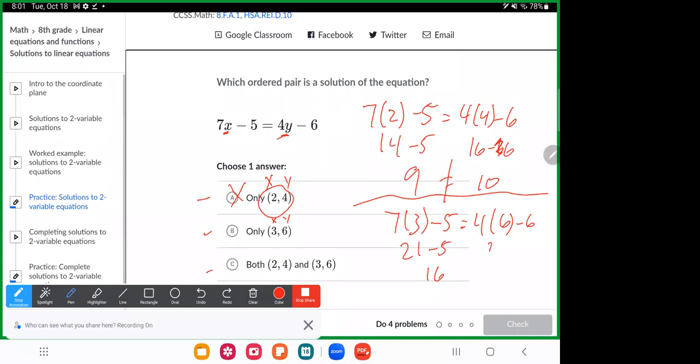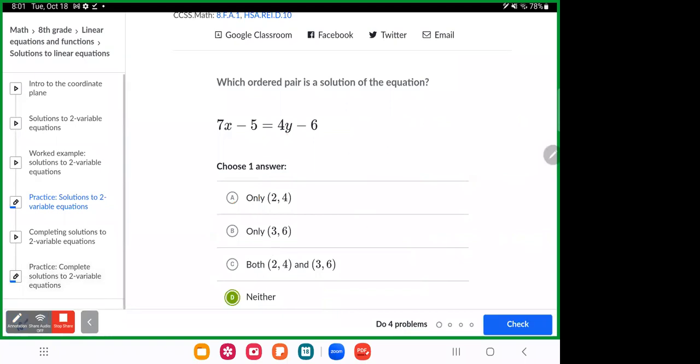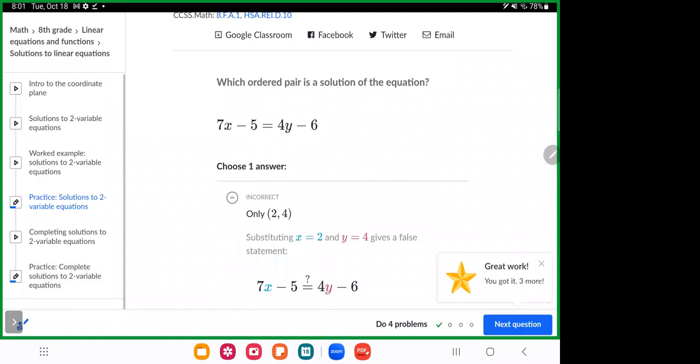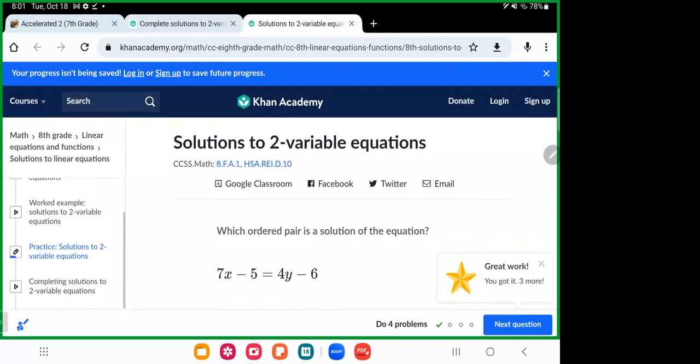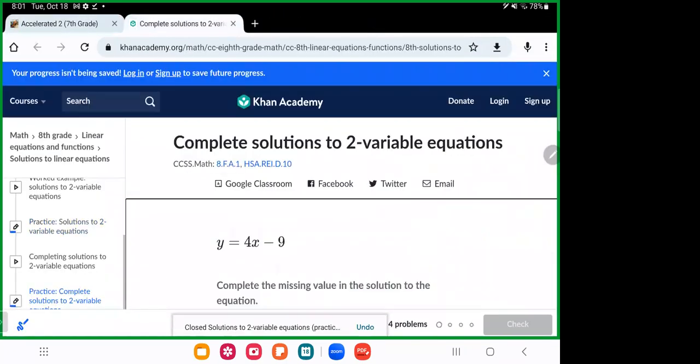And that is 24 minus 6, which is 18. Again, not equal. So neither one of these worked out. If one of them would have been the same on both sides, it would have been a solution. But as you can see, that was not the case in that one.